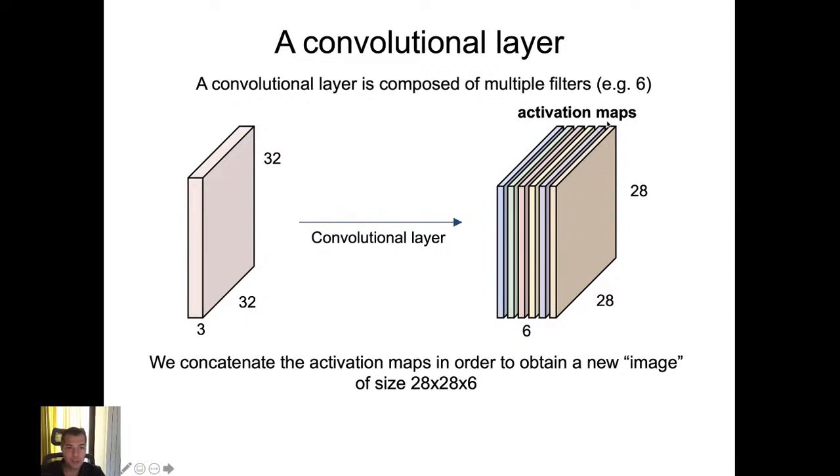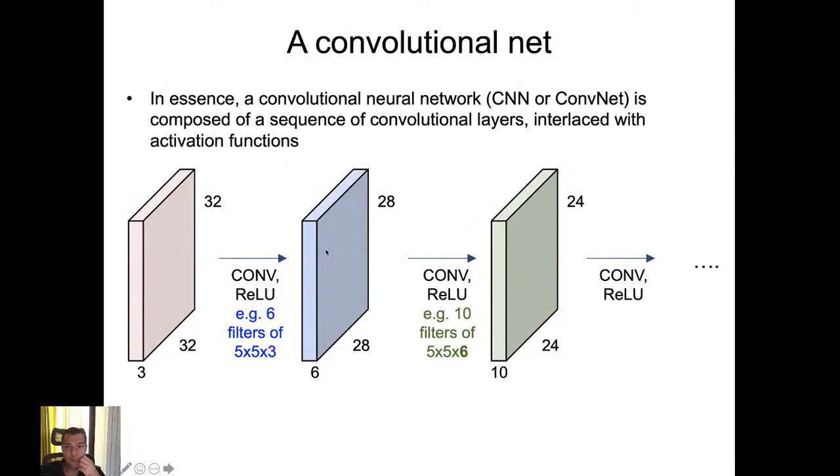The number of activation maps is equal to the number of filters. So this is straightforward.